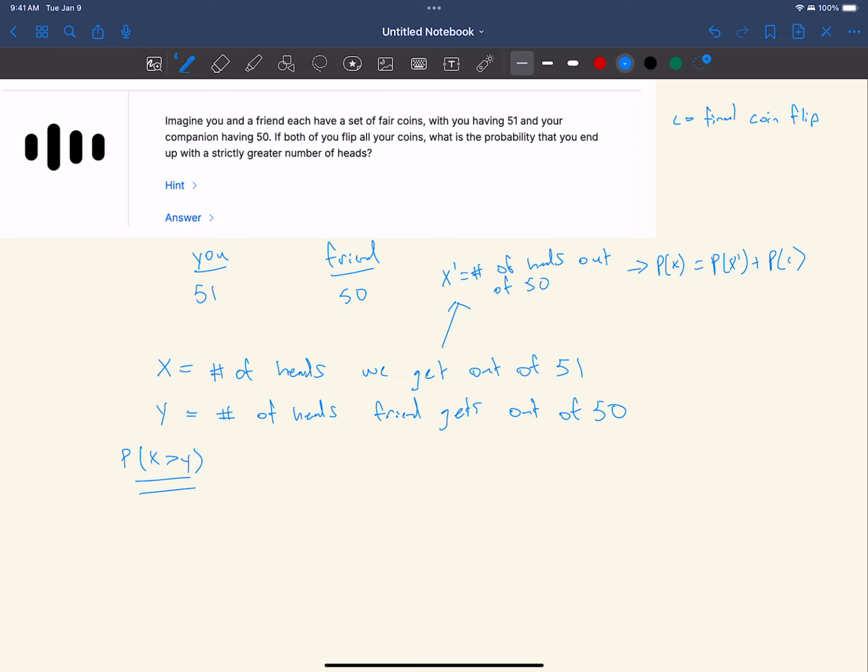And so the problem is finding the probability of x greater than y. And we can simplify this now with our new notation, and write it in the following manner.